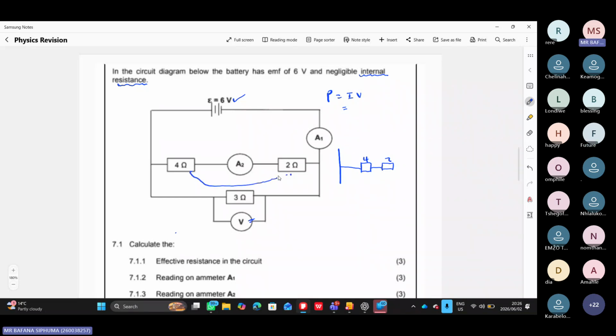Oh yeah, I get your statement. So when we combine them to make 6, that's where our voltage will be 6. But in this case, you are saying voltage is different, right? Yes, sir.